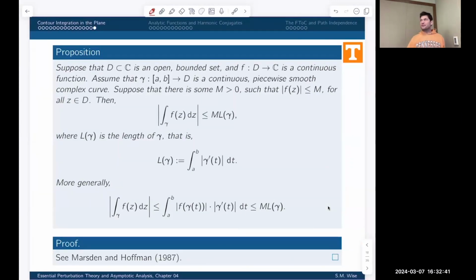Something else that we're going to use a fair amount is these estimates. So these estimates apply to contour integration in the same way that they would apply to regular integration theory.